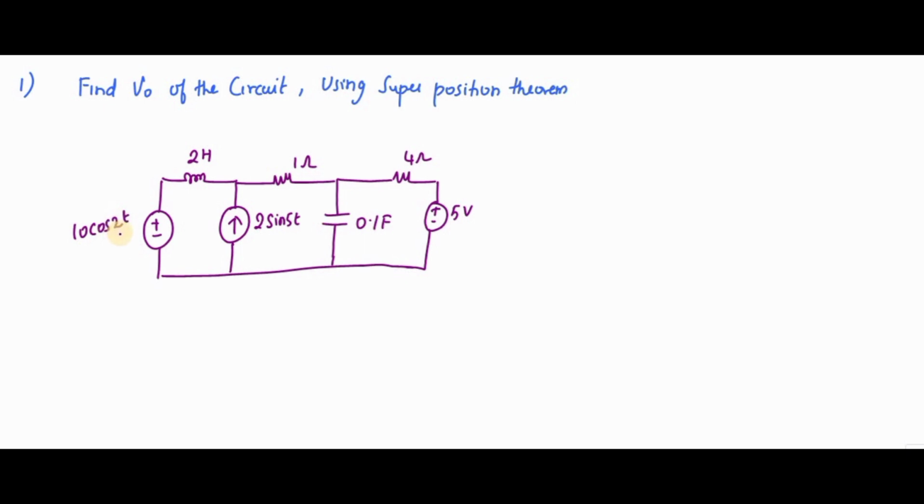So first, let me consider only the DC source present. There is 5 volts present. So if 5 volts DC is present, the AC voltage source and the current source must be 0.